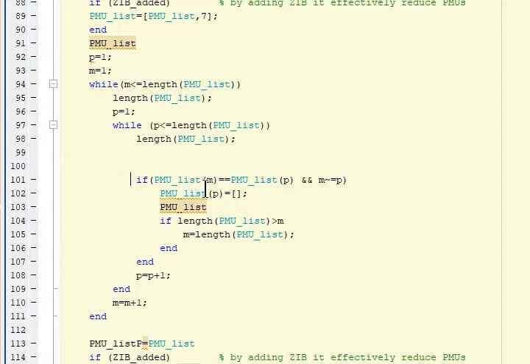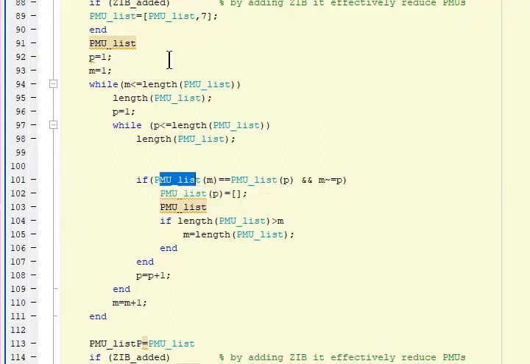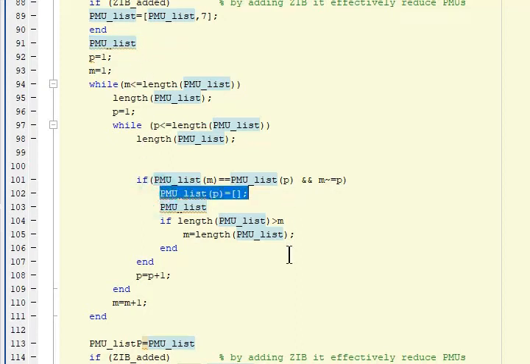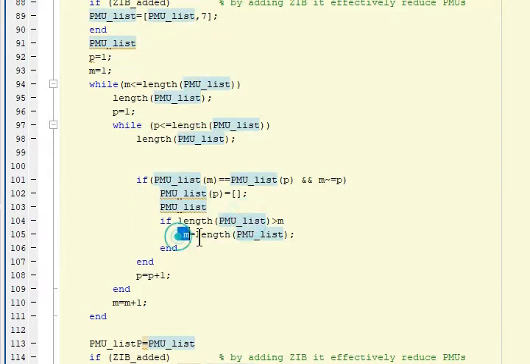Suppose bus number 3 is considered 2 times by the optimization algorithm, so the PMU list array contains 3 3 4 4. That means we remove those redundant PMUs. If the length of the PMU list is m, it simply contains the number of PMUs placed, and we are increasing m and p.